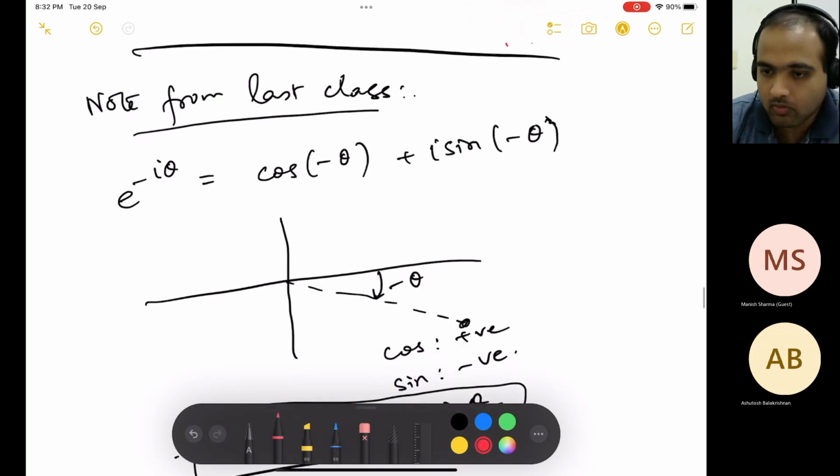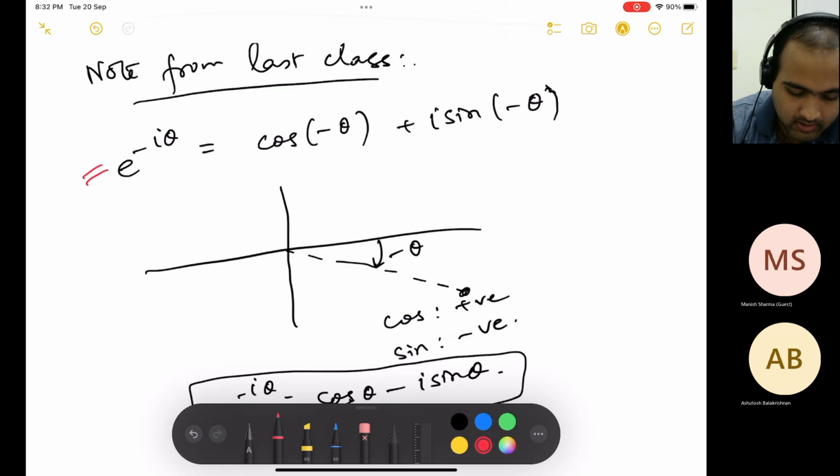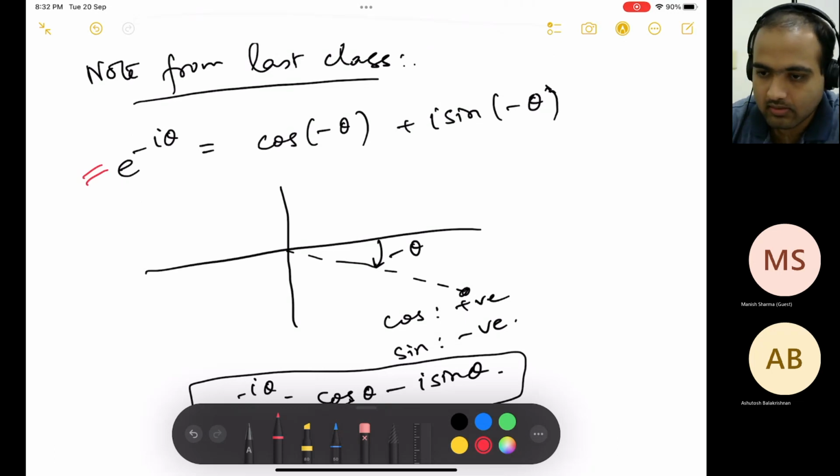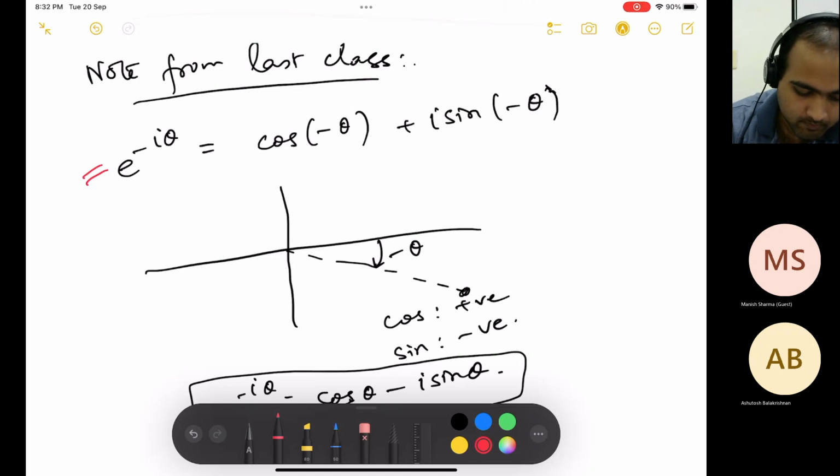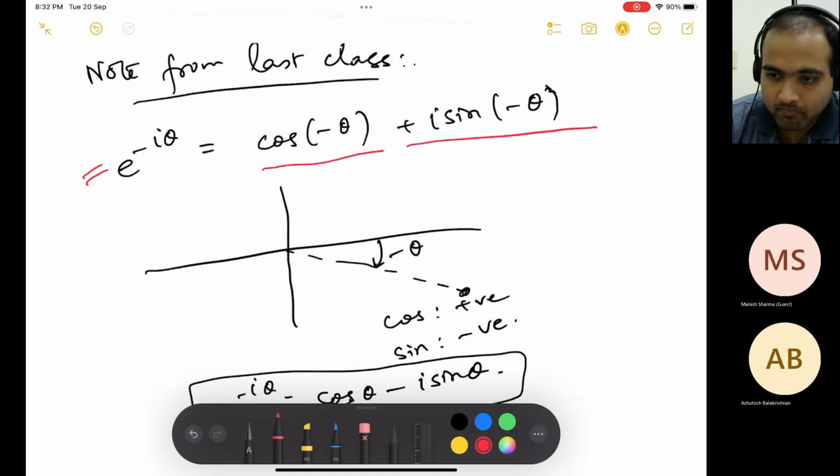So just a small note from the last class. In the last class we discussed how e to the power minus i theta is derived, and I just want to clarify this again. In Euler's form, e to the power minus i theta is represented as cos of minus theta plus i sine of minus theta, right?